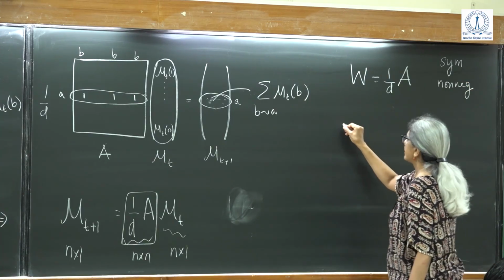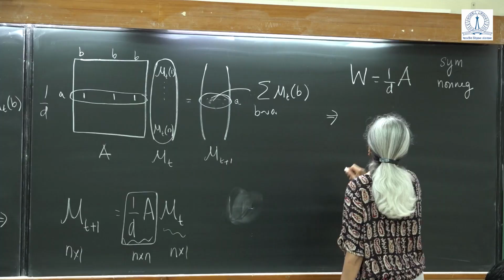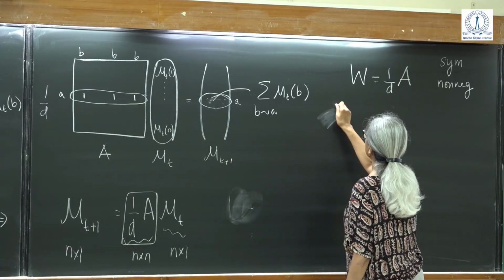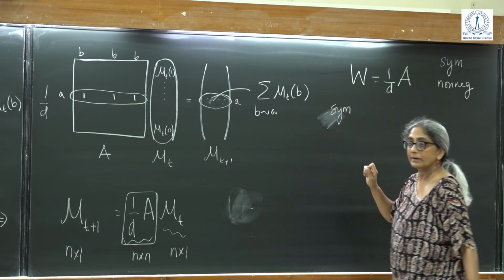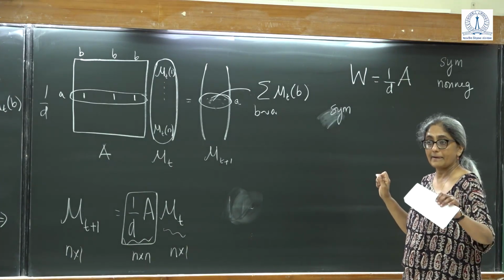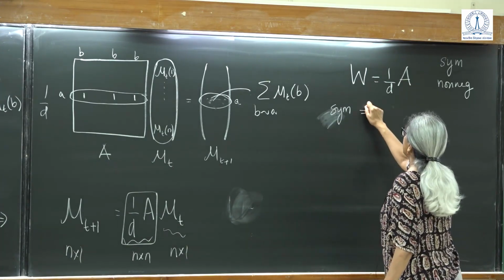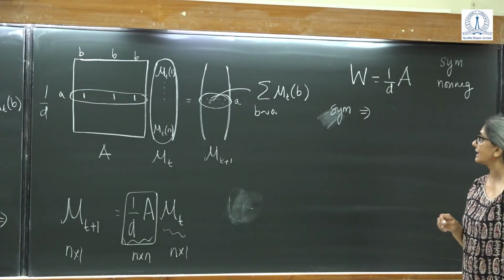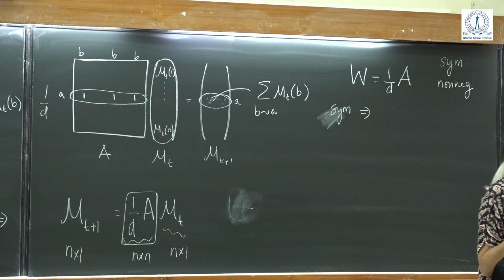So from the symmetric part, these two properties imply, let's do the symmetry first. Symmetry implies that it has eigenvalues, and these eigenvalues, just to be different from Laplacian and adjacency, let's call them tau.